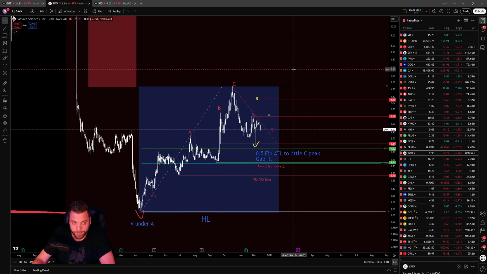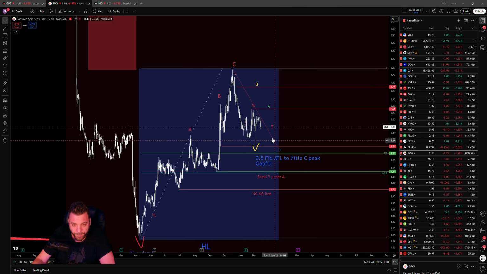Two versions for the bullish one. This was your M. This was your T. This was your V. We came near the 0.5. But you know, higher low is normally ending in a V and A, but for the most bullish version, this was your V. This is your higher low.